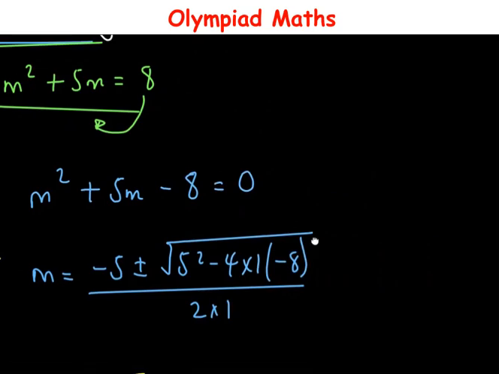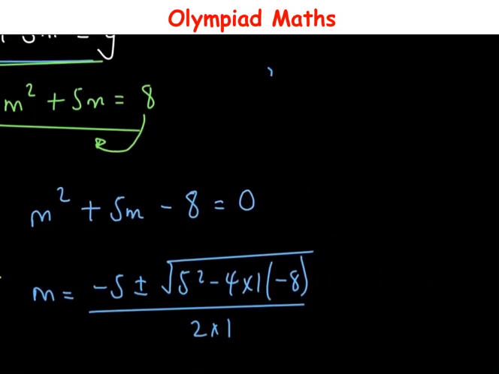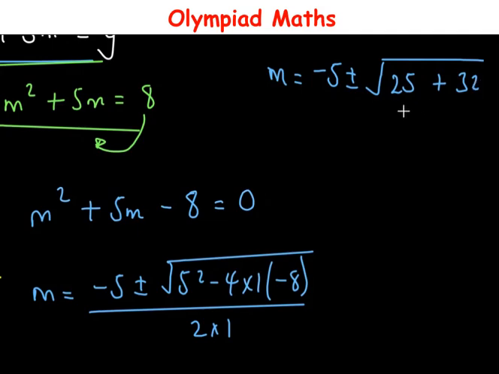So from here, the solution for m is equal to minus 5 plus or minus square root 5 squared is 25, then minus 4 times 1 times minus 8, that will give us plus 32, all over 2 times 1 is 2.